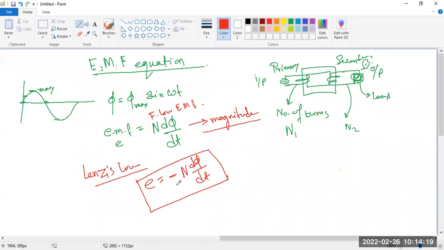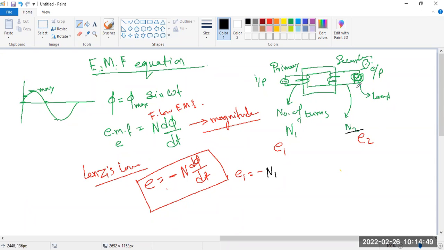Now this EMF is generated over here, which we are providing over here. This is E1, and the EMF at the secondary end is E2. So we are dealing with the first EMF, E1. E1 is given by minus, because minus is for Lenz's law, the direction. N1 is the number of turns at the primary.